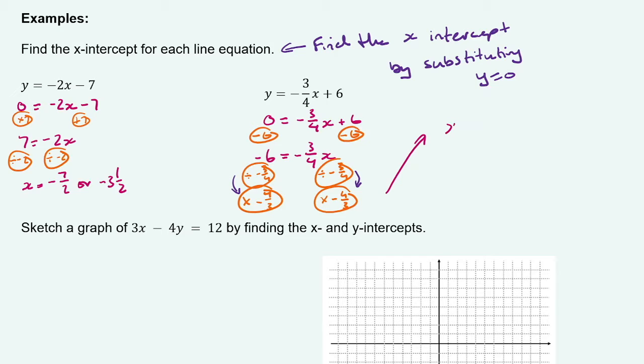And I'm going to have x equals 8, because what I've got is minus 6 times minus 4 over 3, and that gives us 8. So there's our x-intercepts. Let's keep charging through and get our next one done.